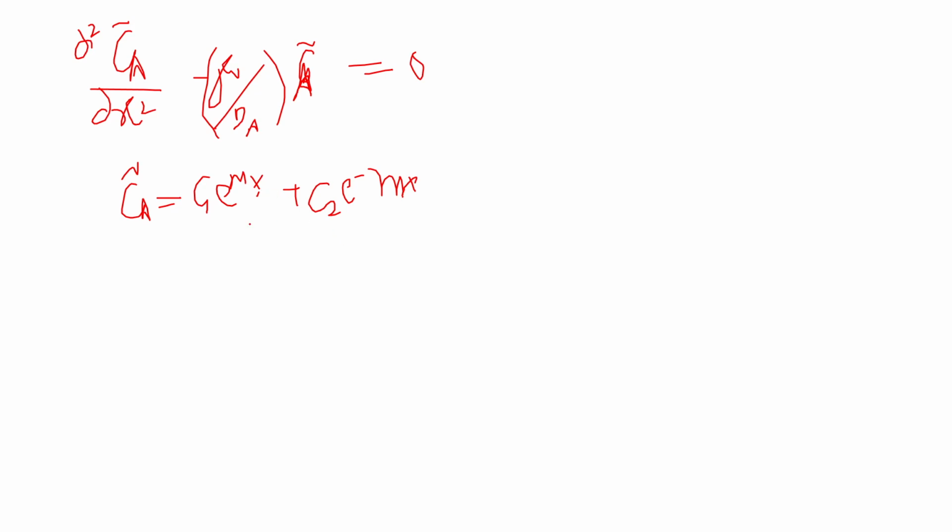Then, what are the boundary conditions? We know what the boundary conditions are; that is the next thing. We already know at the surface what the boundary condition is, the same as that discussed before.